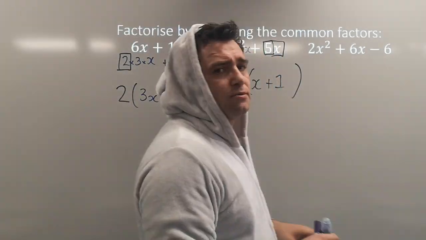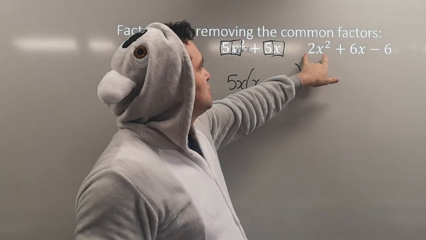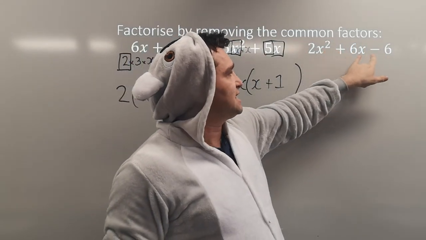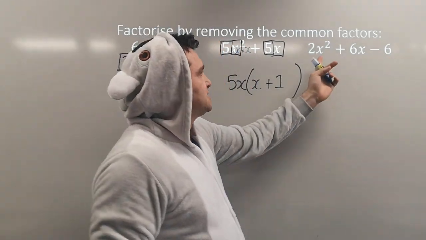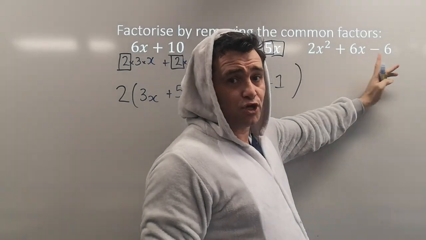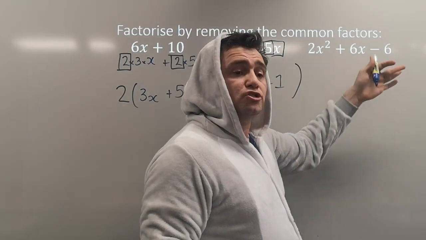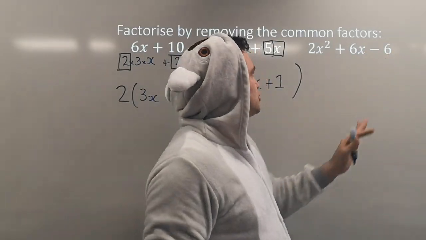Our final one, which is going to look a bit more scary, we've now got a trinomial. We've got 3 terms: an x squared, an x, and just a 6. Looking at common factors, we've got x's in our first term, x's in our second term, but no x's in our third term. So we can't factorise by x if it's not common to all of our terms.